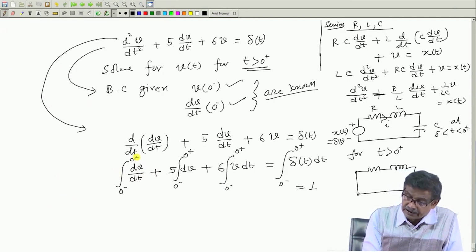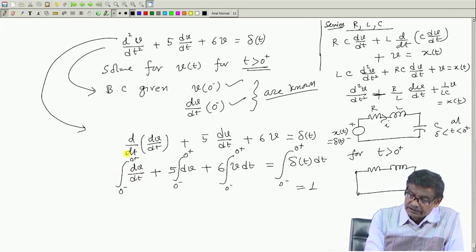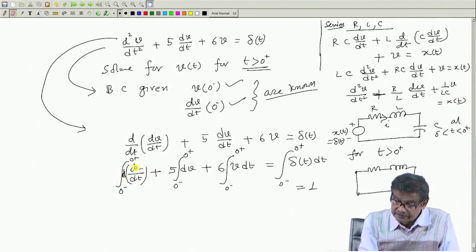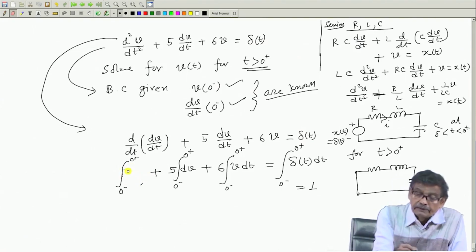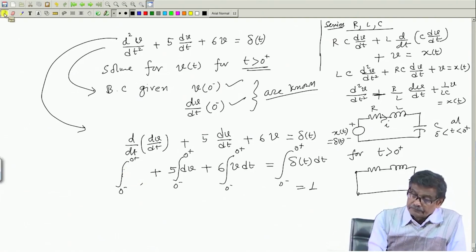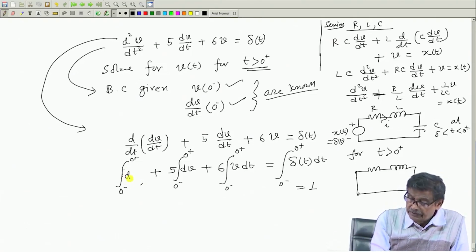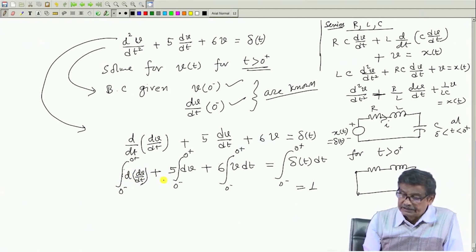Oh, you are correct, I have multiplied by dt. So, this dt will go, and this will be equal to d of dv/dt. Thank you. I will clean it and write cleanly. So, this term will become d of dv/dt.